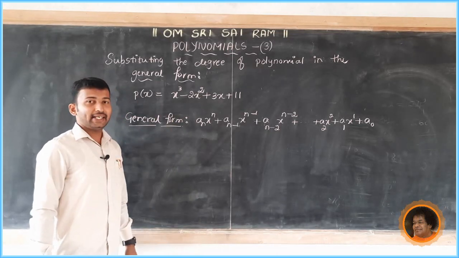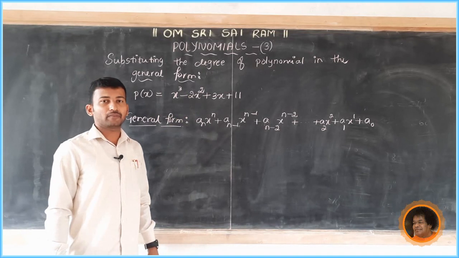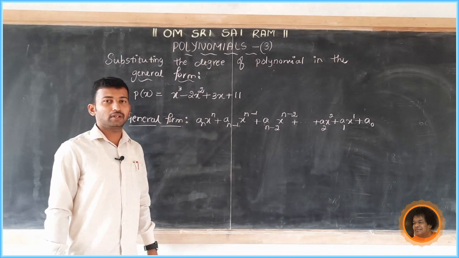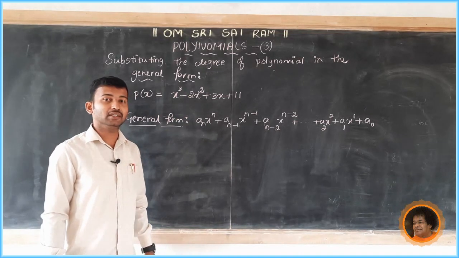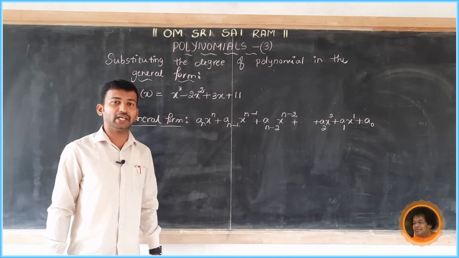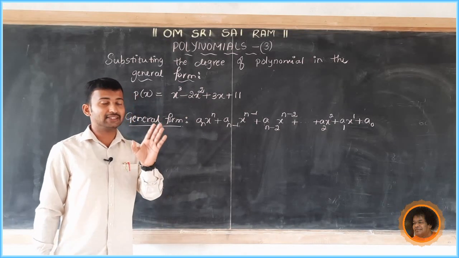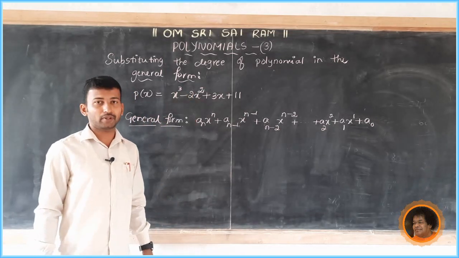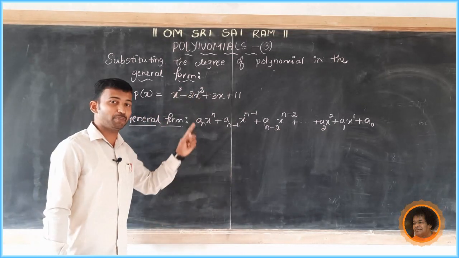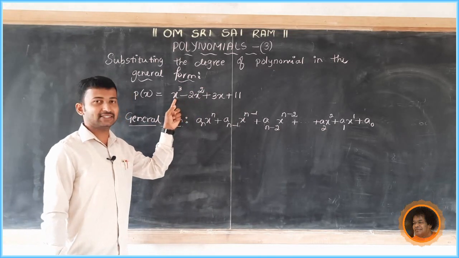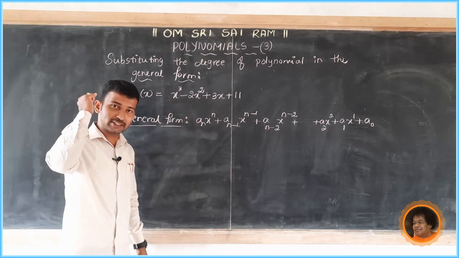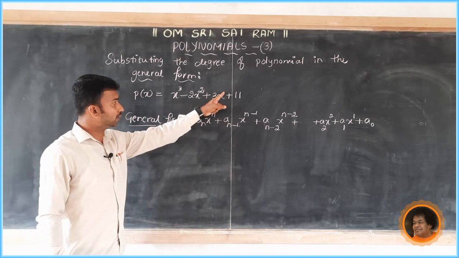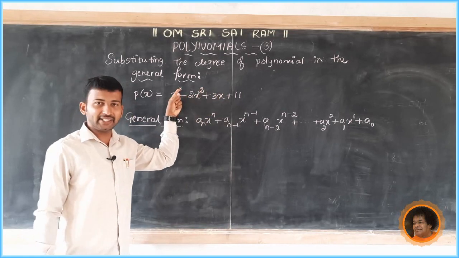What is the degree of this polynomial? What is the definition of the degree of a polynomial? Yes, the highest power of the variable in the polynomial. What is the variable in this polynomial? Yes, x is the variable, and what is the highest power? 1, 2, 3. 3 is the highest power.